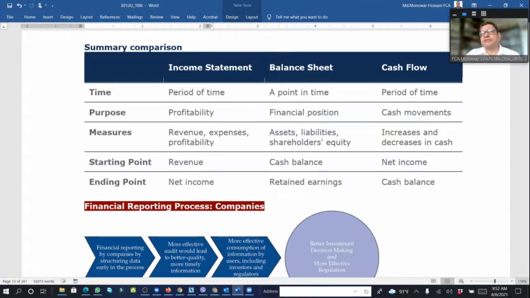But banks, insurance, and financial institutions have their financial period from January to December. So that period of time is mentioned in the income statement.